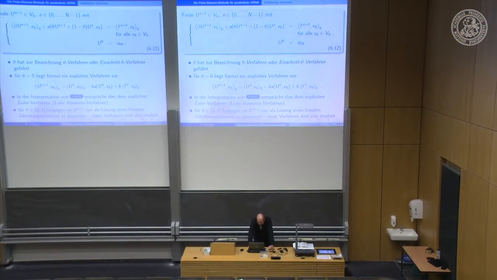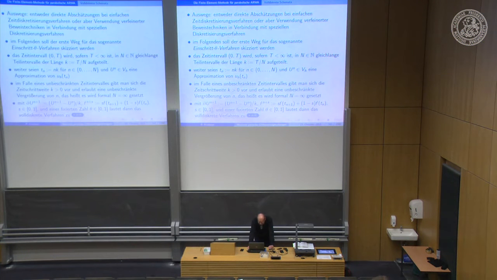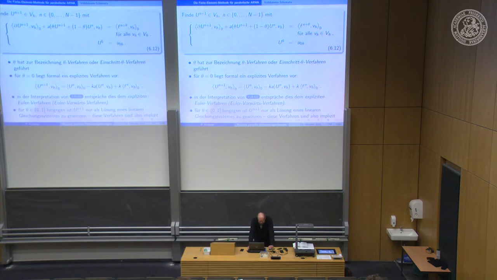Now we formulate the whole thing again in the finite element context. It was a little bit general until now, so with a slight modification. In the finite element context, one would say we do not talk of vectors, we talk of functions.